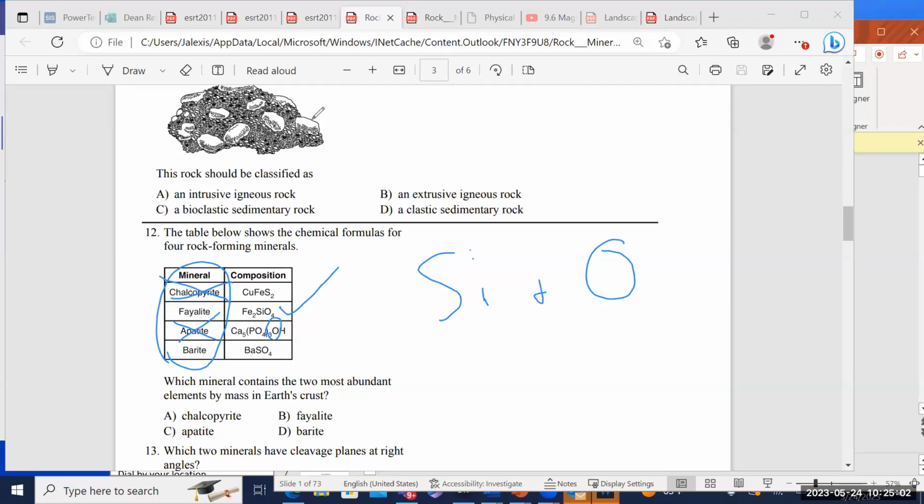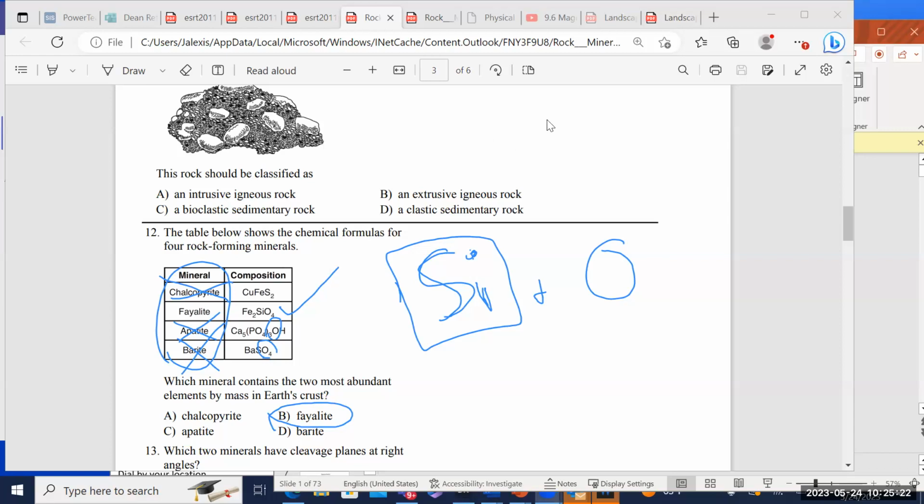Barite, I see oxygen, but I don't see Si. Remember, the chemical symbol for silicon is Si. So the correct answer is choice B, phyllite, because it has silicon and oxygen, Si and O.